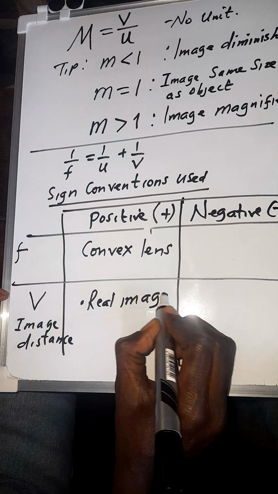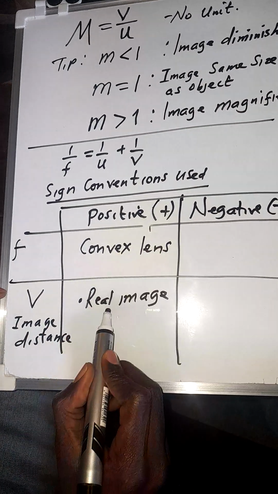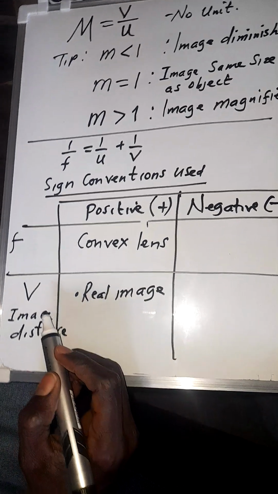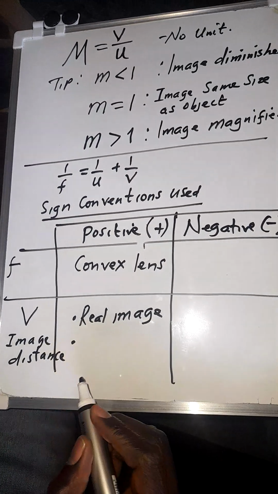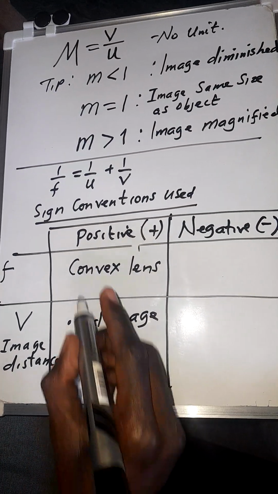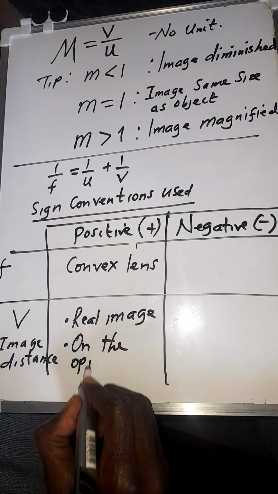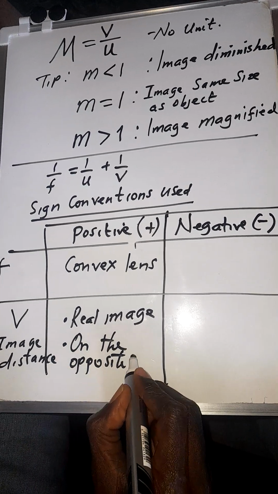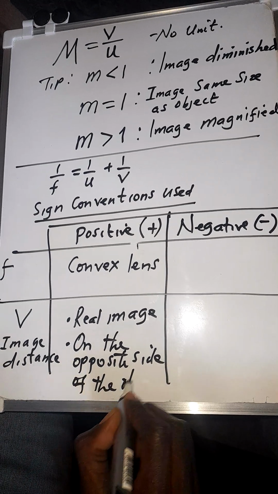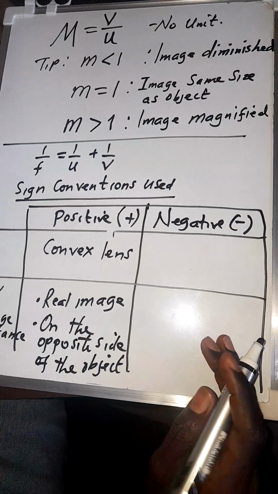It also indicates that the image is on the opposite side of the object. I'm sure you remember that. That is what you're going to find.